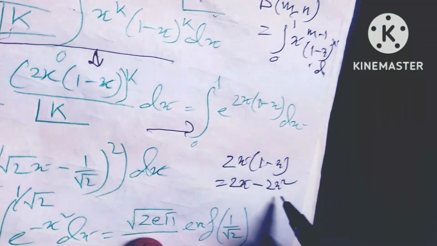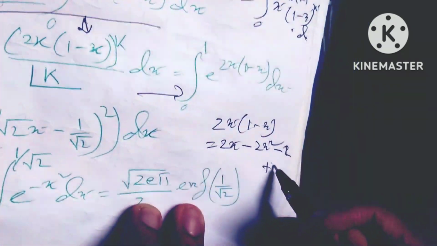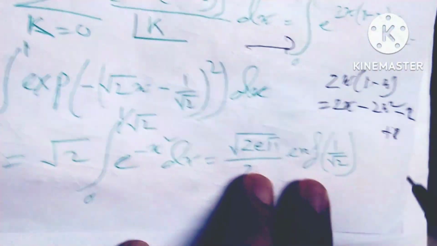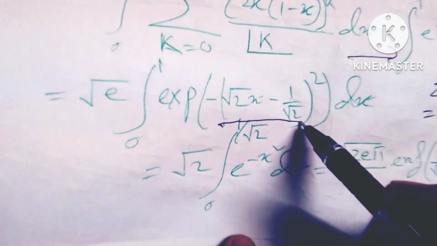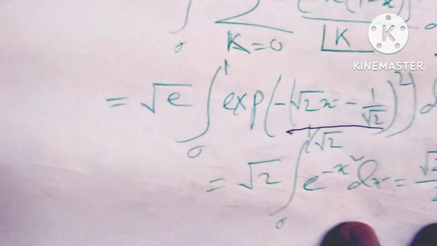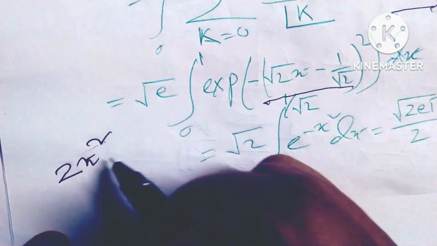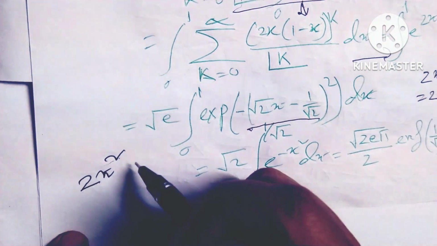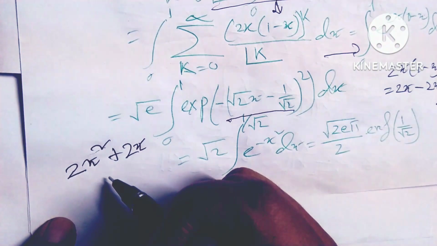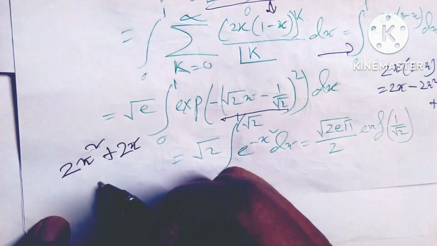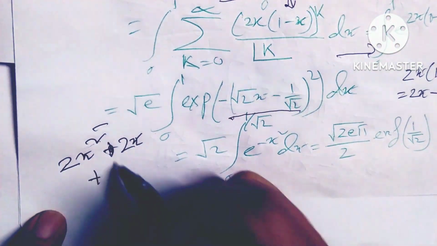So minus 2x square plus 2x, and I just add minus 1 plus 1, and I can rearrange this way: root 2 into (x minus 1 by root 2) whole square, because that means 2x square minus 2x plus 1 by 2.